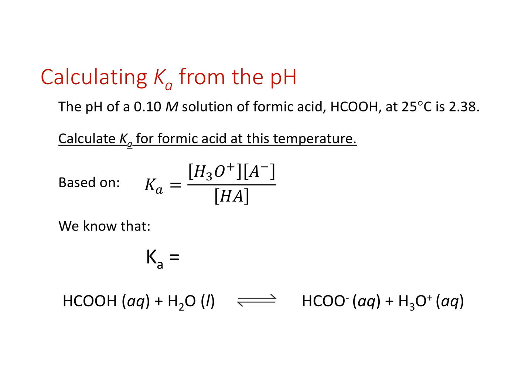We know the generic reaction. Here's formic acid. It reacts with water to form formate, the conjugate base, and hydronium, the conjugate acid. And the only other value we know is the initial concentration of formic acid. Well, we actually know more than that as well. We know in this Ka, what are some of these values that we know?